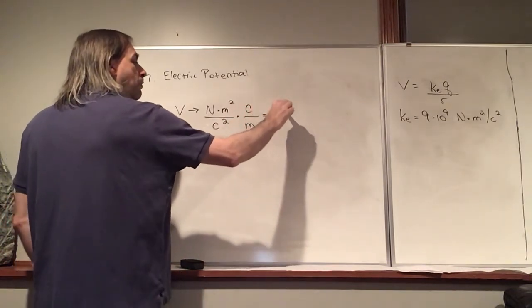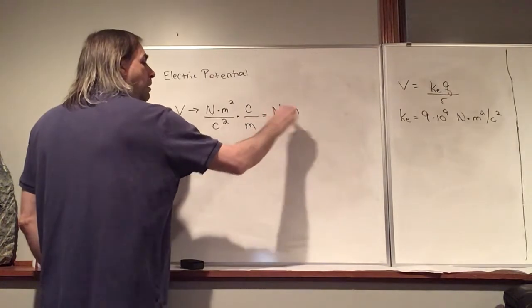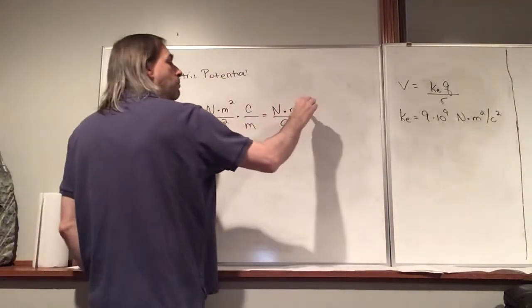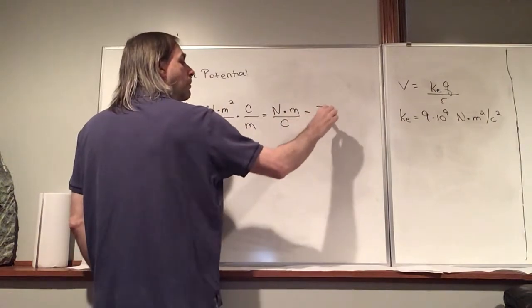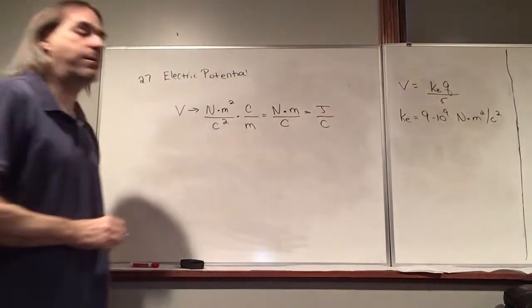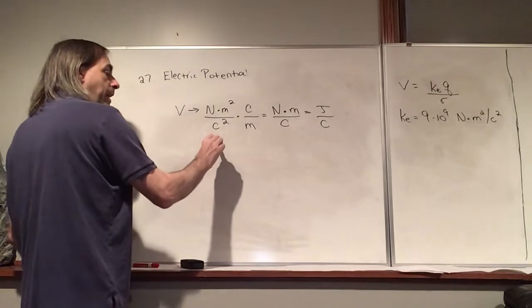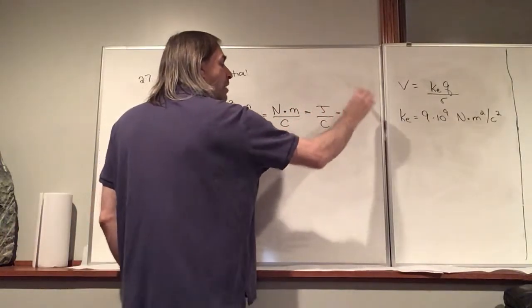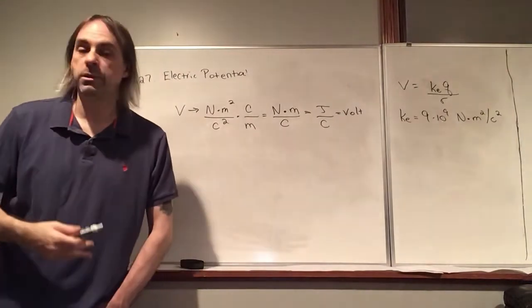So we'd have newtons times meters over coulombs, or joules over coulombs. And we give this a name, and we call this a volt. So we measure electric potential in volts.